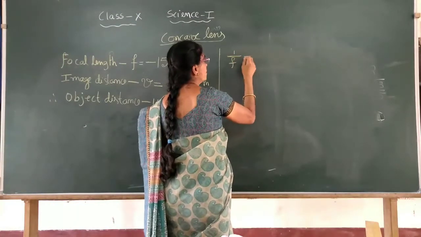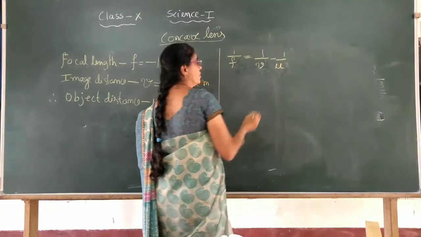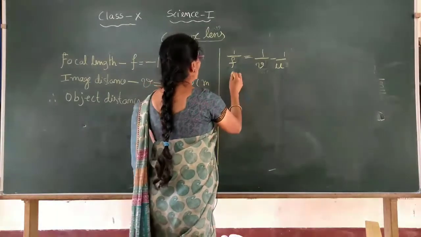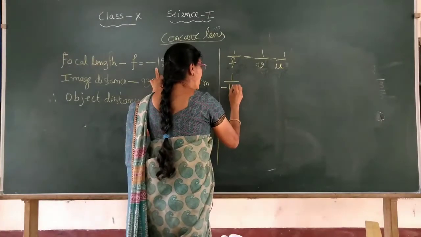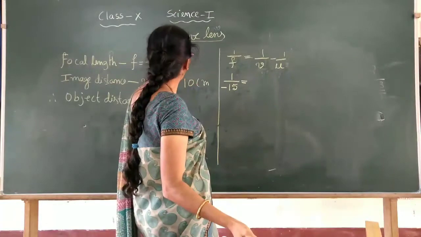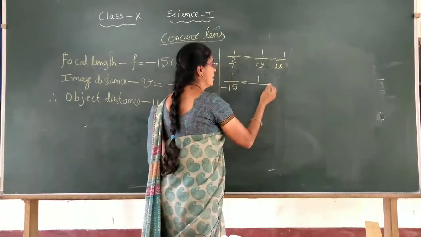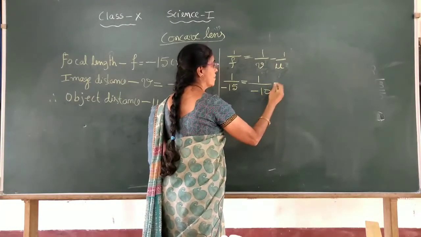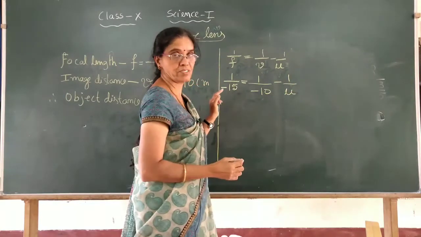Now substitute the values. F is given, so we will write 1 by minus 15 is equal to 1 by V, which is minus 10, minus 1 by U, right?